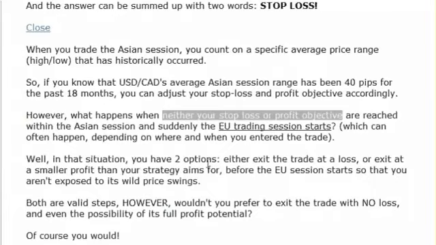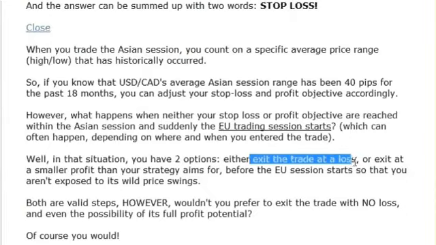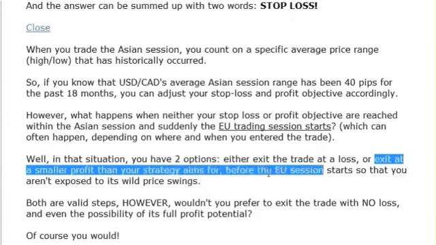In that situation, you've got 2 options. Either exit the trade at a loss or exit at a smaller profit than your strategy aimed for. Exit before the EU session starts so you aren't exposed to its wild price swings. Both of those are valid steps.